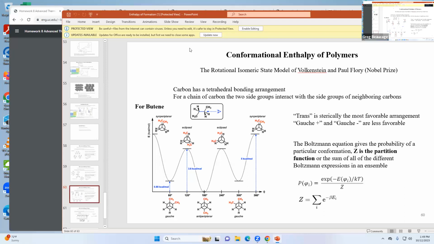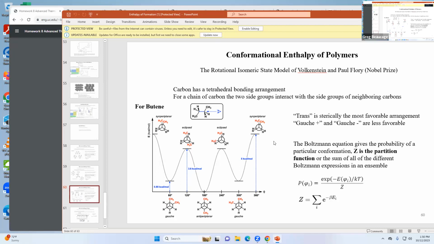We'll talk more about this next chapter about the heat capacity. We take the sum of states, the sum of the Boltzmann probabilities for the different states, which gives us the partition function, and that's used to calculate the free energy.